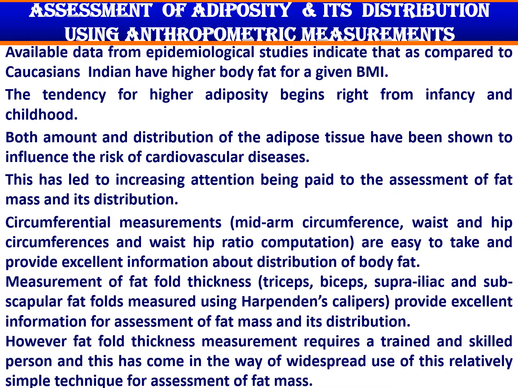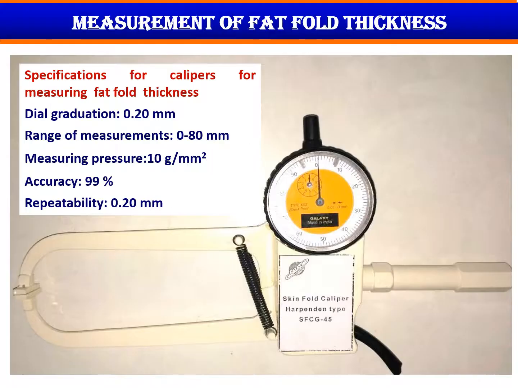However, fat fold thickness measurement requires trained and skilled persons, and this has come in the way of widespread use of this relatively simple technique for assessment of fat mass. The first step in measuring fat fold thickness is to check the specification of the caliper that is being made available for the measurement.